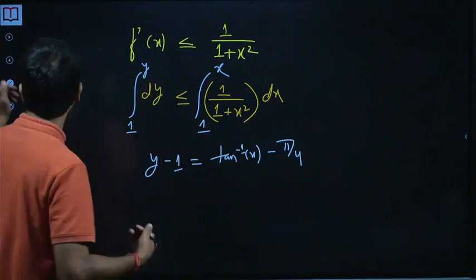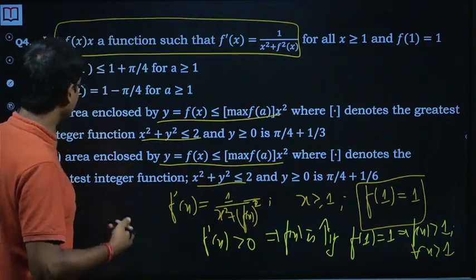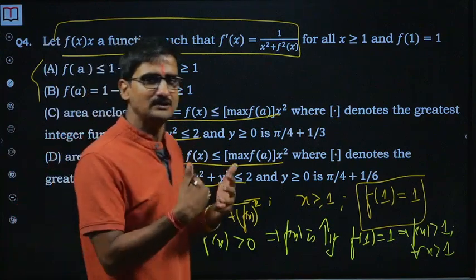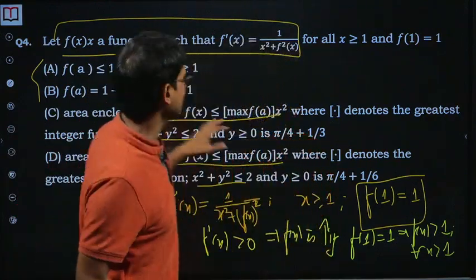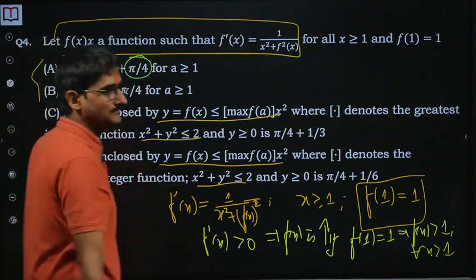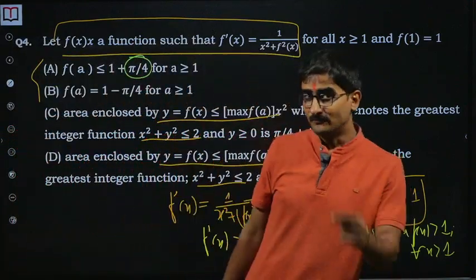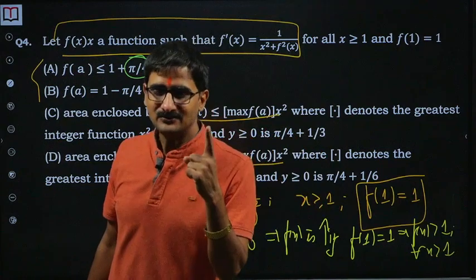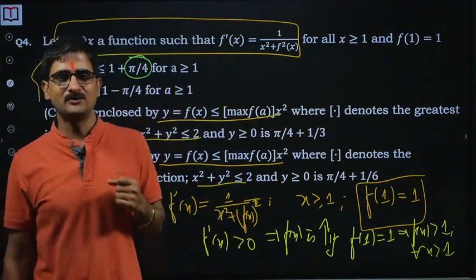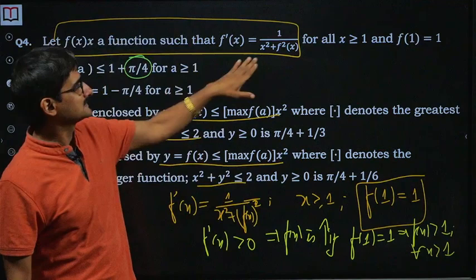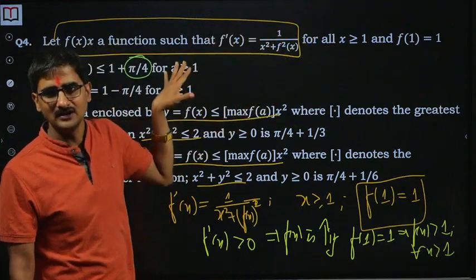Okay, now let me be true to you all. How did the point strike my mind? First thing, the inequality. Second thing, the presence of pi by 4 as one of the endpoints of the interval for all a greater than 1.